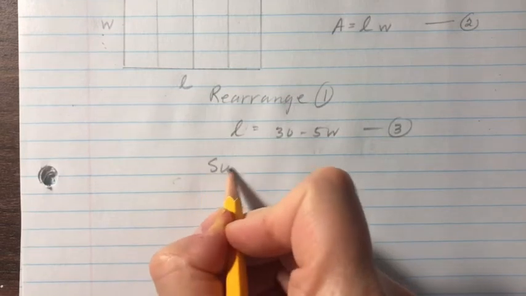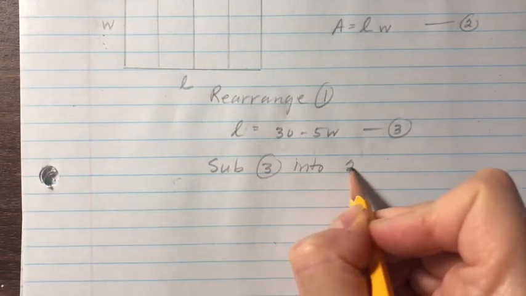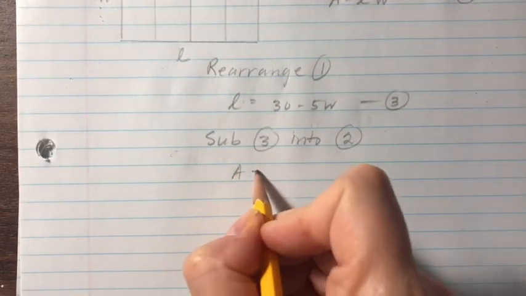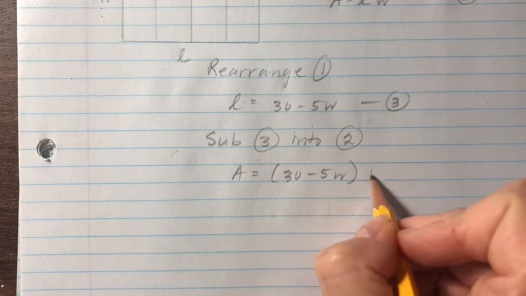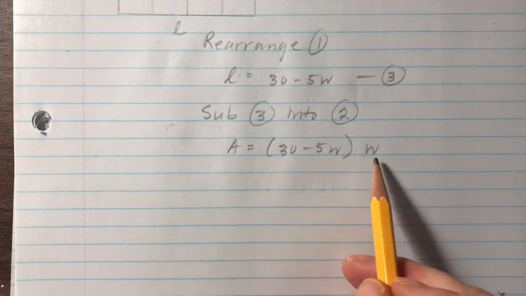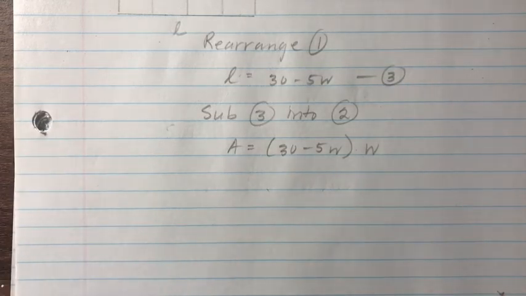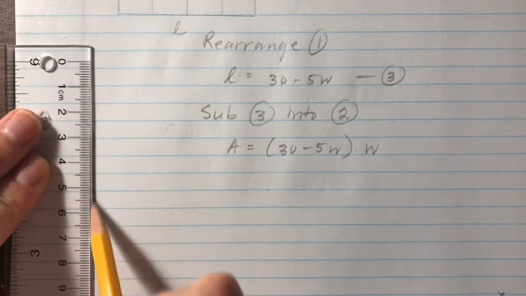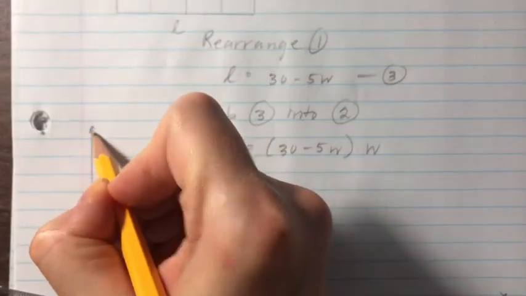Next, I'm going to sub this third equation I came up with into equation 2, the one that I didn't use for rearranging. So I get 30 minus 5W, which is my length, multiplied by the width. And what I have here is a quadratic relation in factored form. So to give you an idea what the parabola of this relation looks like, I'm going to do just a quick sketch.